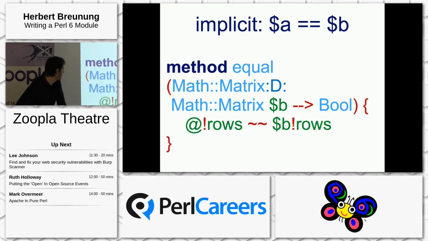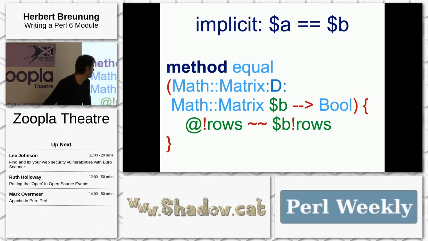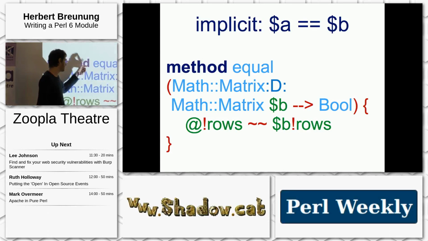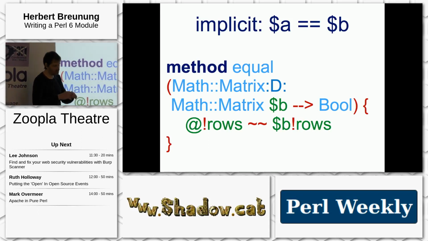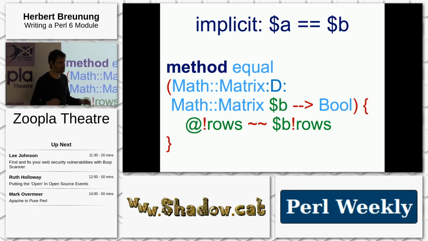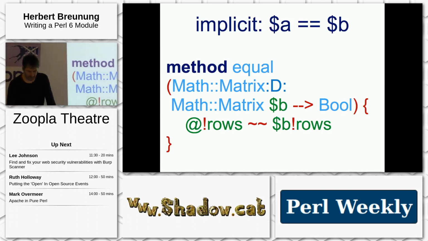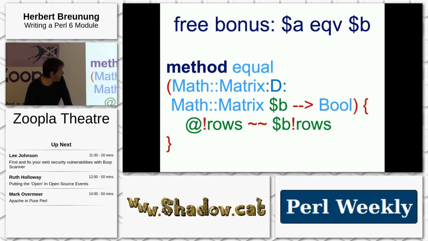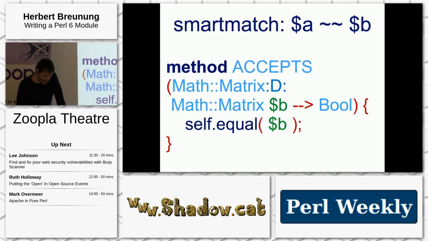It's easy to implement. Of course, you want to compare matrices, and the nice thing is you just support one of the other housekeeping methods, the equal method, and then you can just use the operator equals, and it refers to this method. It's all internal to Perl 6, and of course also EQV, just a nice bonus.